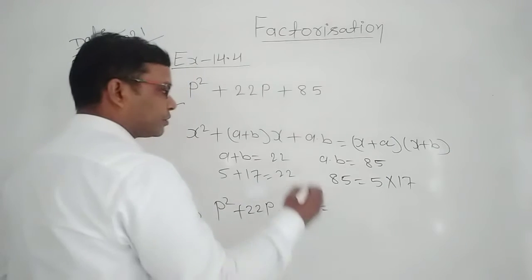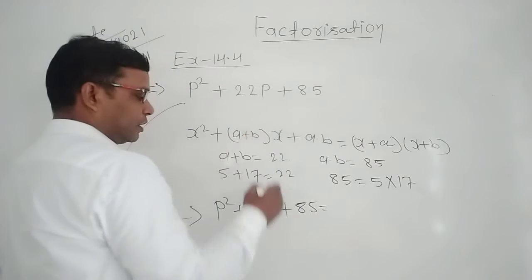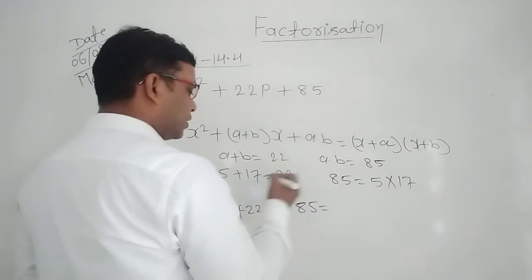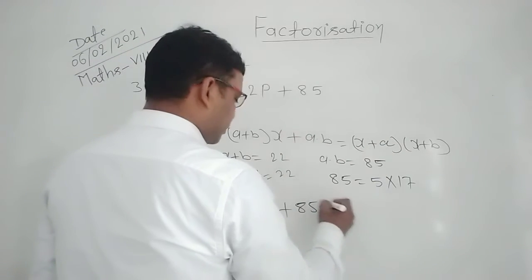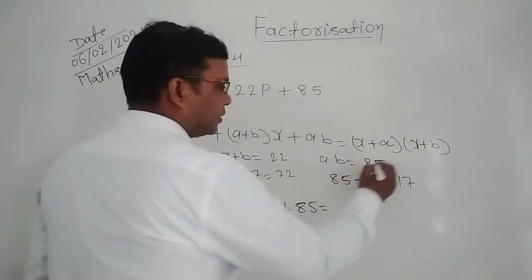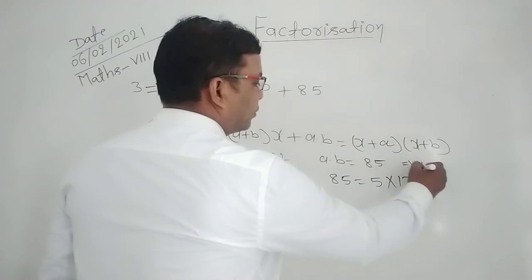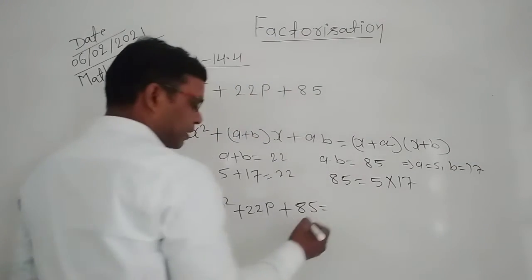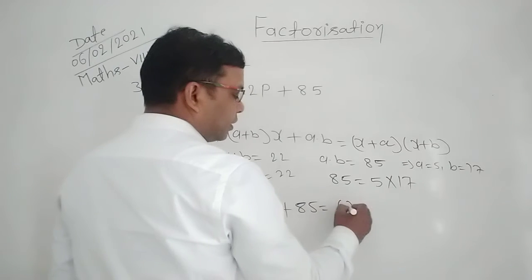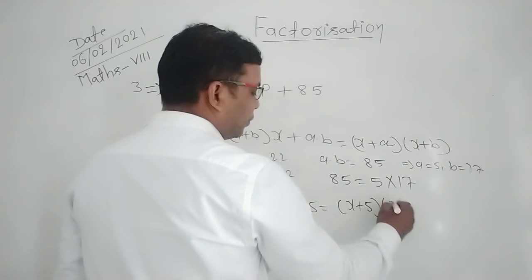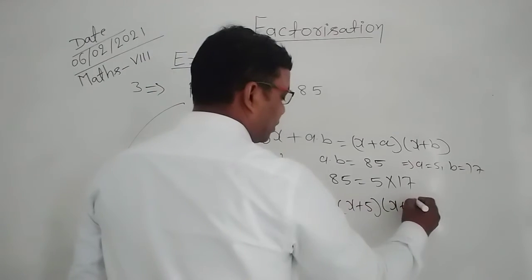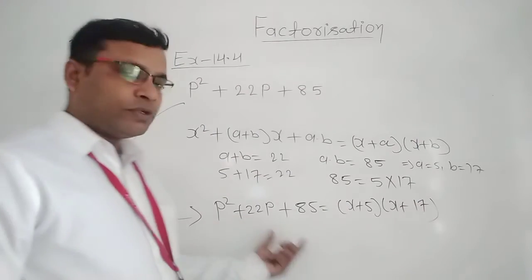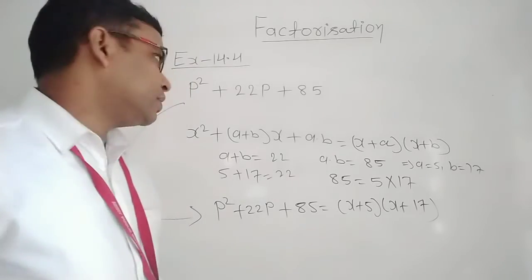This is equal to, here you put a is equal to 5, b is equal to 17. So the factorization of this part is (x plus 5) into (x plus 17). This is clear.